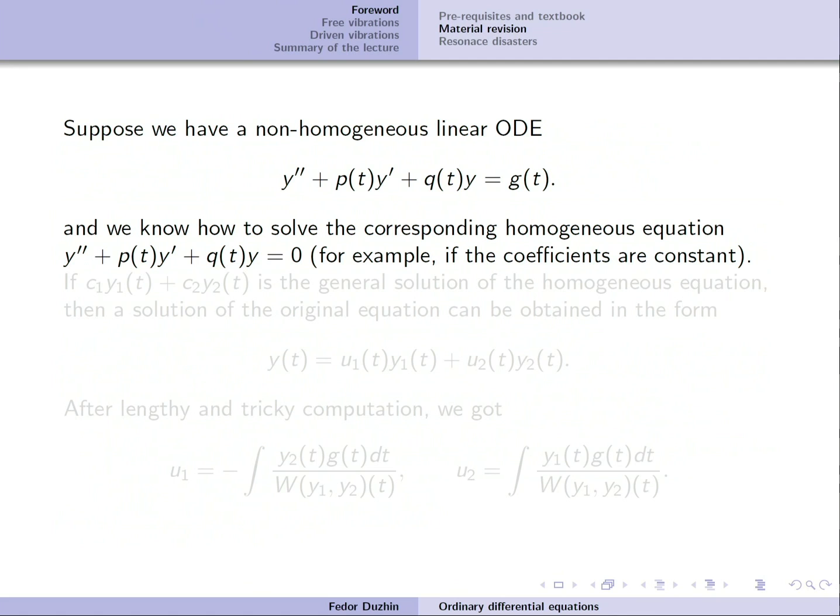One more very important thing that we learned in the previous weeks is that if we have a non-homogeneous linear differential equation, then we can solve it using variation of parameters.